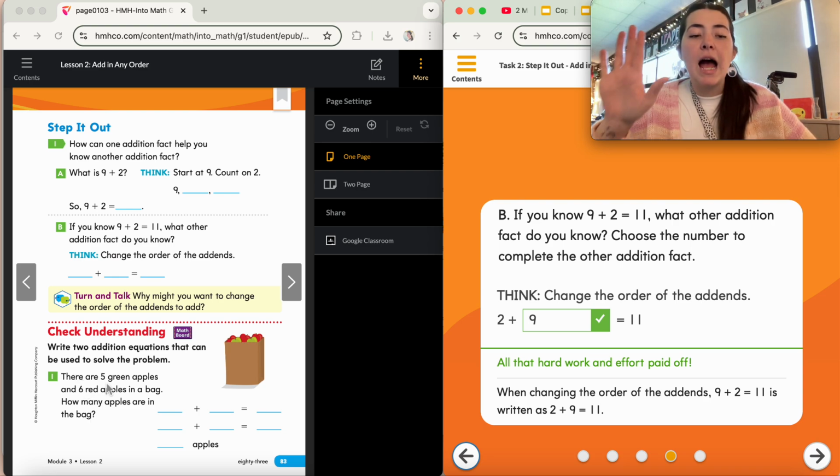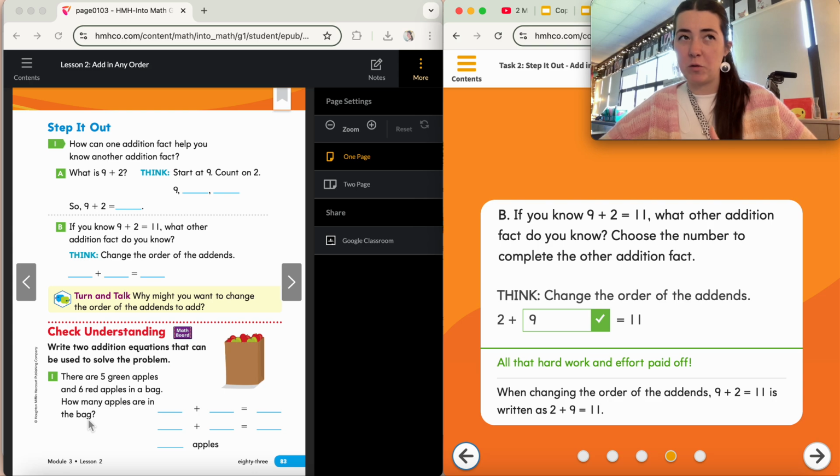There are 5 green apples and 6 red apples in a bag. How many apples are in the bag? One more time. There are 5 green apples and 6 red apples in a bag. How many apples are in the bag? You need to write 2 equations.